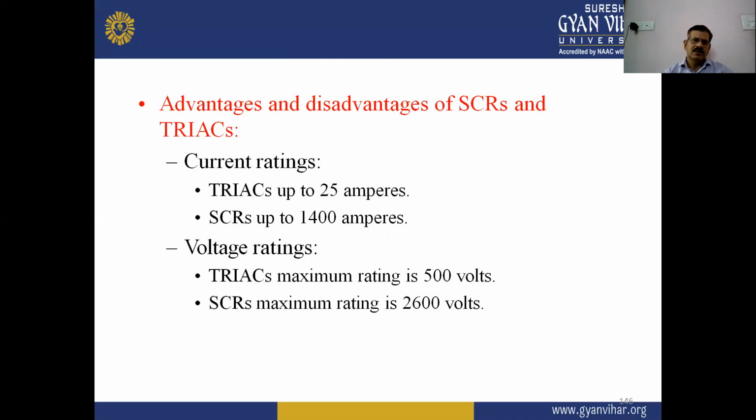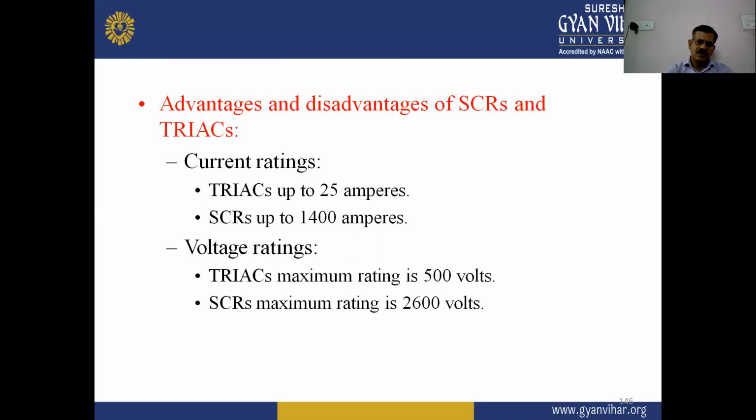And next one is what is the advantage and disadvantage of SCR and triacs. First, what is the current rating? In the triac, the current rating is up to 25 amperes, and the current rating for the SCR is up to 1400 amperes. So this is a very high current rating for the silicon controlled rectifier or thyristors. And what is the voltage rating?